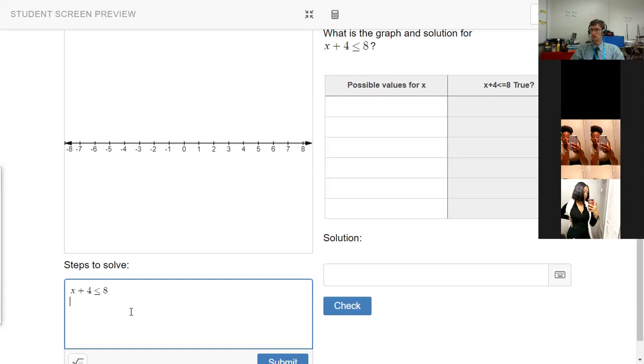So what's my first step? Subtract 4 from both sides. So x is what? Less than or equal to 8 minus 4, which is 4.